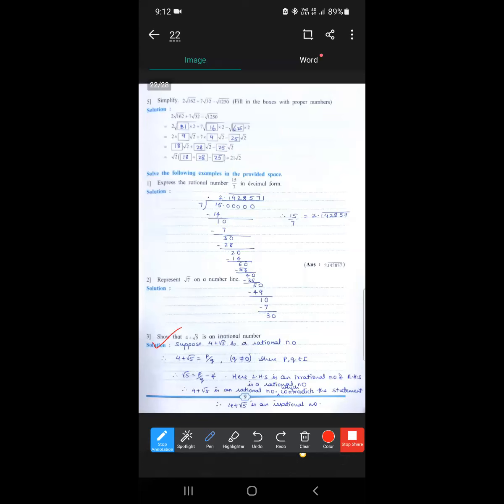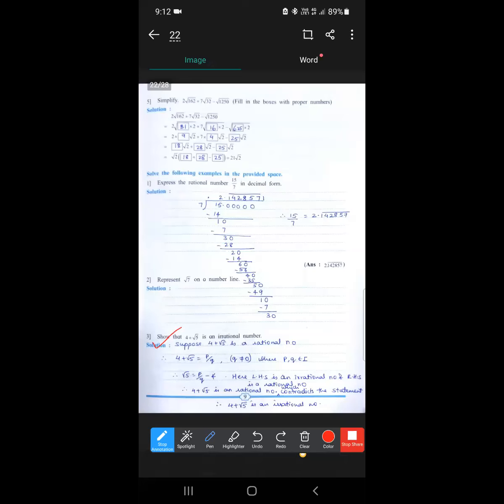I will start by assuming that it is a rational number, and from that statement I will come to a conclusion that whatever I have assumed, that such and such a number is rational, is wrong, or it contradicts the statement. And hence the given number is an irrational number.